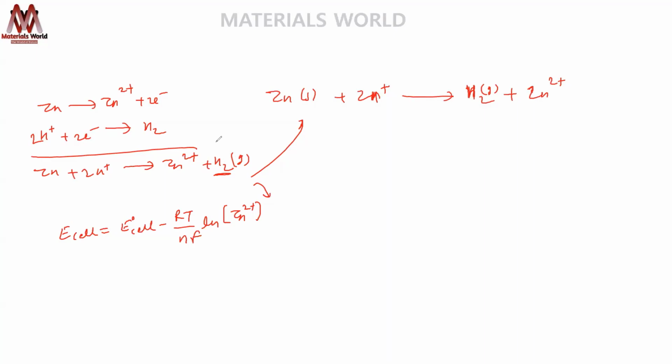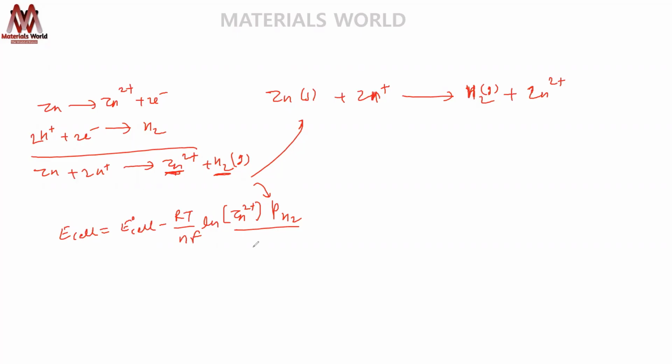If it is a metal, like solid copper, you don't need to write it. Since it has coefficient 1, the power will be 1. Product by reactant.